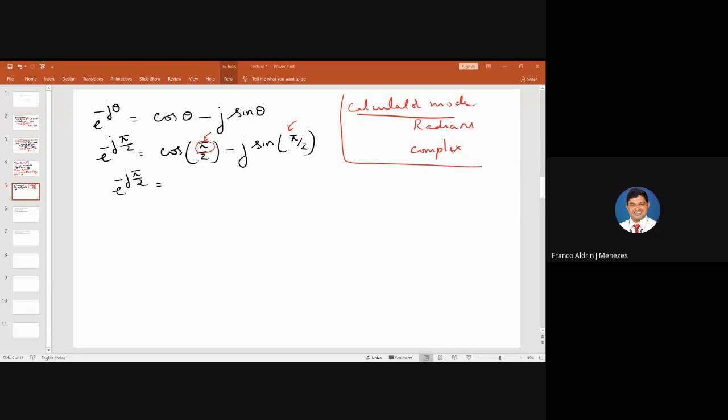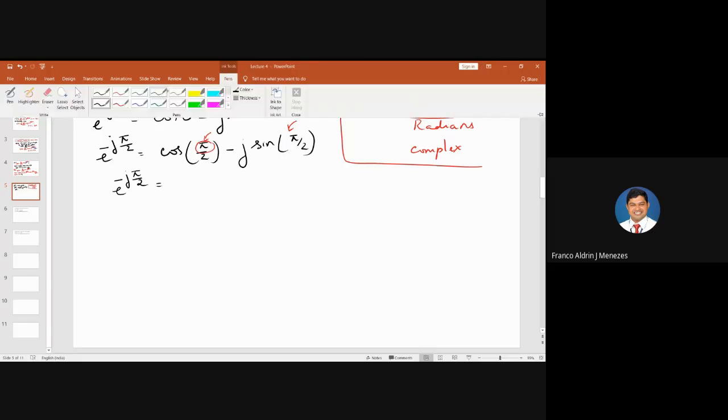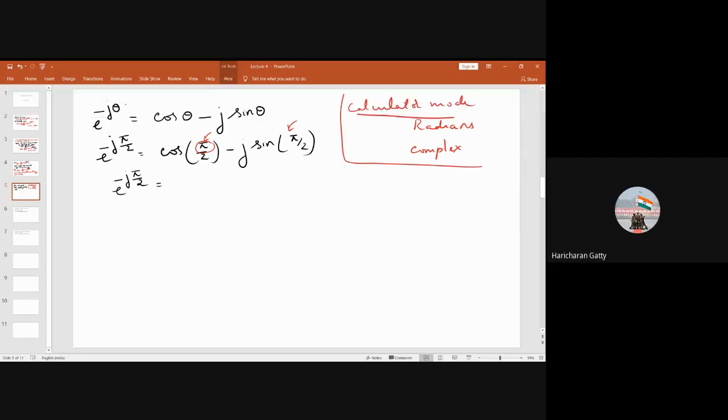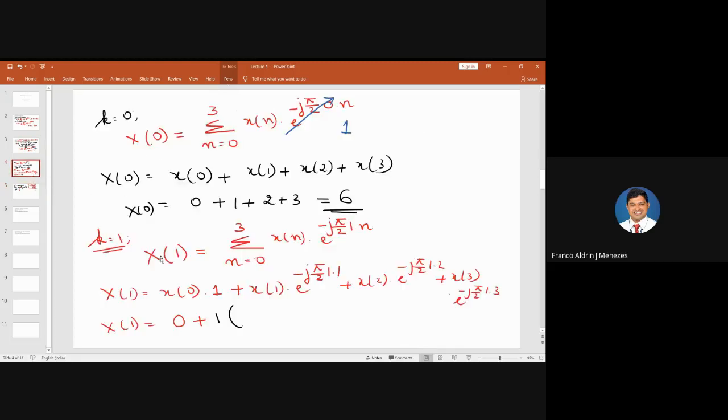So what will be e to the power of minus j pi by 2? Minus j. So in this particular part, we have obtained the first case, that is 1 into e to the power of minus j pi by 2, as minus j.